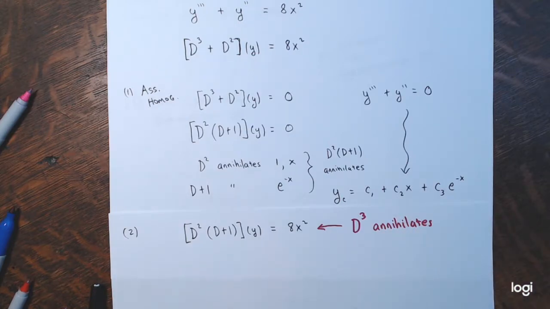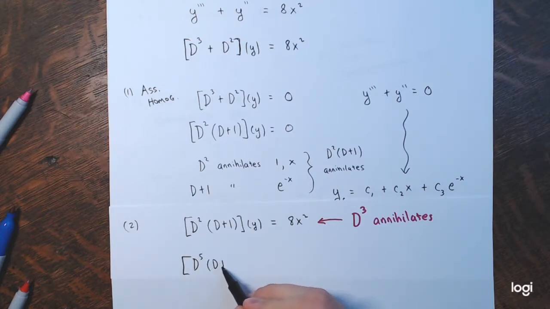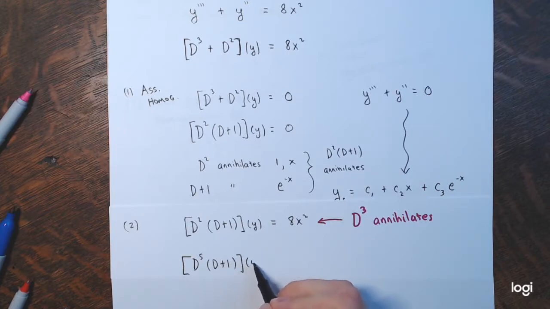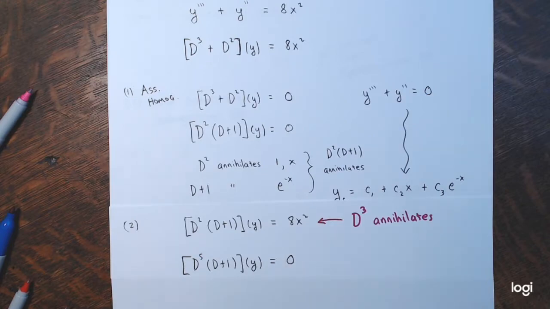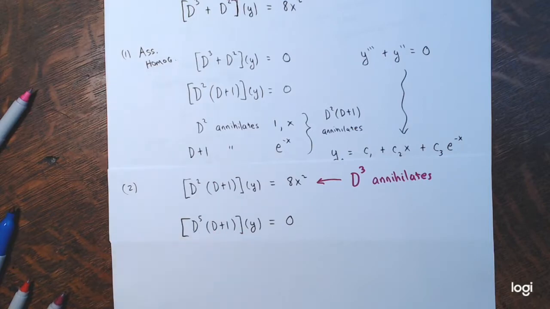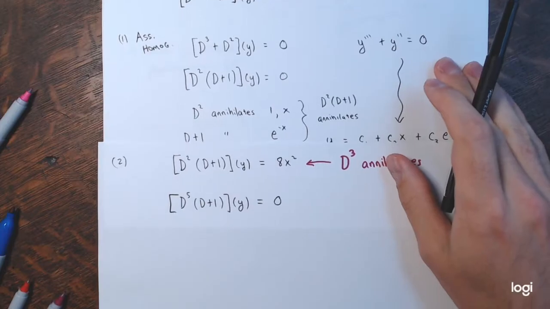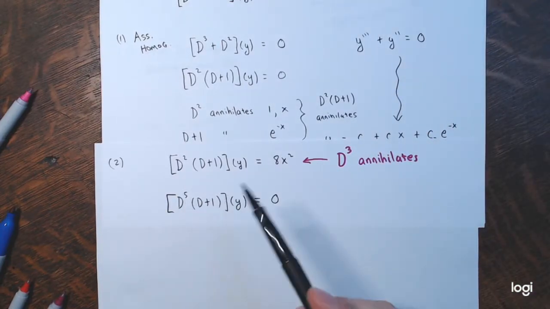So then I apply D cubed to both sides, giving me a kind of homogeneous equation. Now if I apply D cubed, this becomes D to the 5th times D plus 1 applied to some function y equals, and applying D cubed to 8x squared annihilates it. And then just like earlier, I have to think, what kinds of functions are annihilated by this operator, D to the 5th times D plus 1?